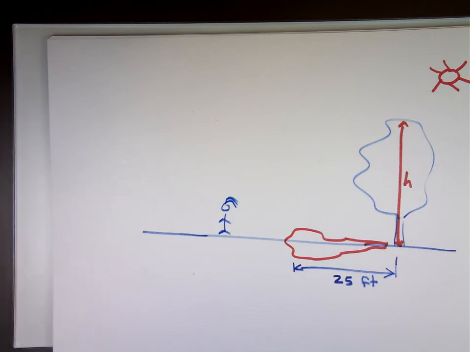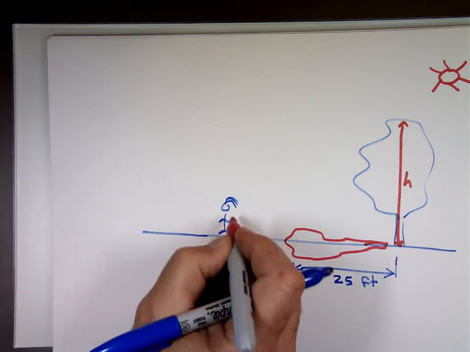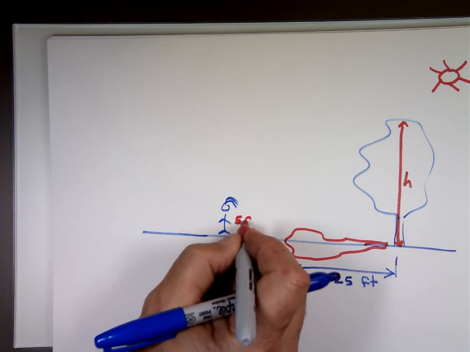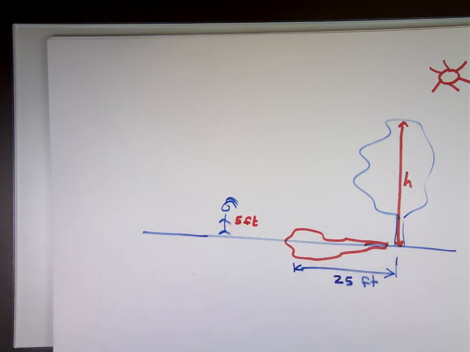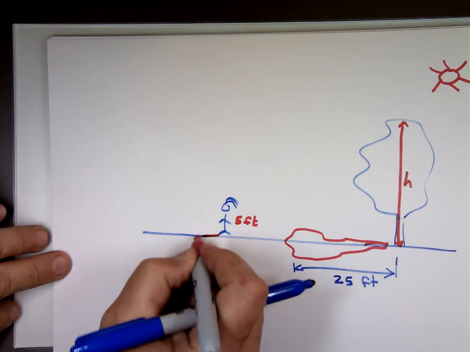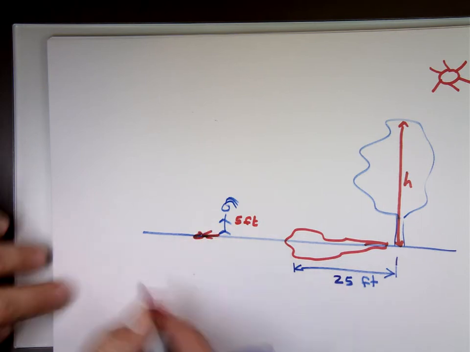She goes, I'm 5 feet tall. She's short. So here's Leah's shadow. Let's say the shadow of Leah is 3.